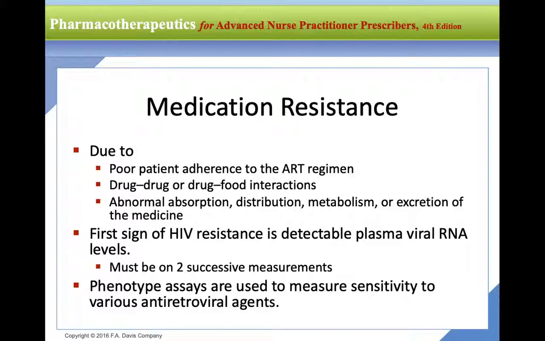They also can have drug-food interactions, or changes in absorption, distribution, metabolism, or excretion. So you would want to look at a patient who maybe has developed ascites or really bad edema to see if that's going to affect their antiretroviral, or refer them to the managing practice.